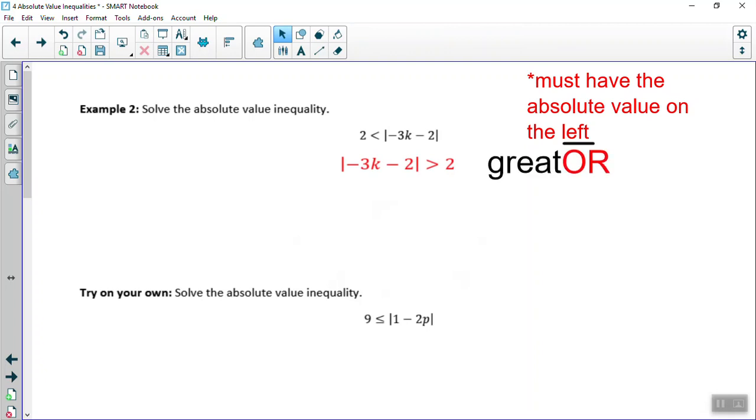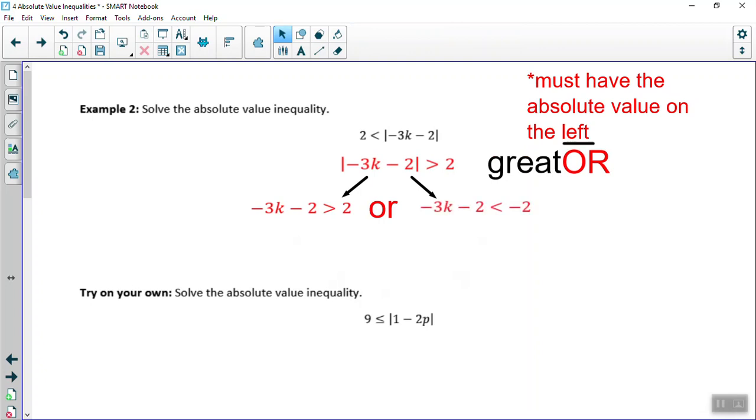All right, let's split it up. Everything inside stays the same, and for the first one, the outside stays the same as well. So there we go. All right, now we have our or because it's greater. All right, and then we're going to write our second one where we're going to flip and switch, so it becomes less than -2.